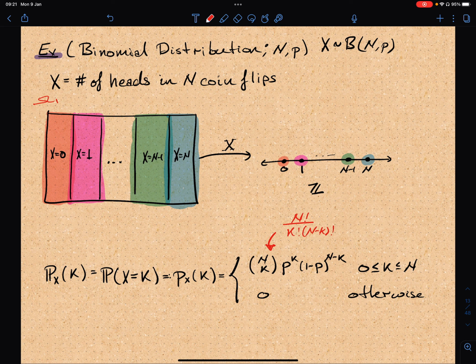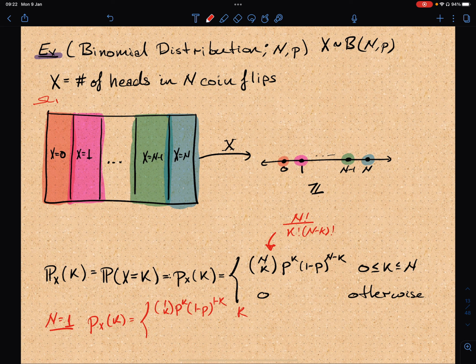And additionally, if you set n equal to 1, that's one coin flip, and we're back to the Bernoulli distribution. In this case, p of x at k is going to be 1 choose k, p to the k, 1 minus p to the 1 minus k.